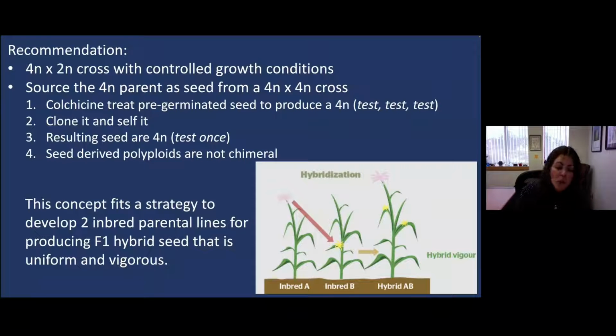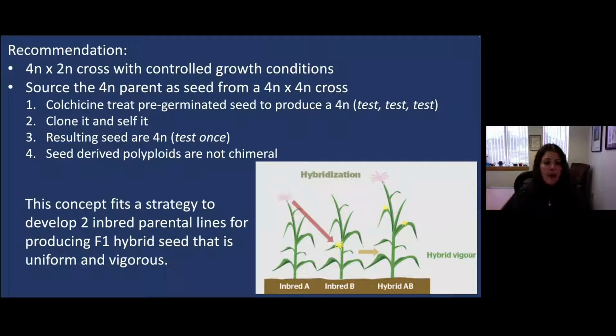So use your colchicine or your rhizoline, make your tetraploids, test it to make sure it's tetraploid, clone it, self it. The resulting seed should be tetraploid, and you only have to test it once. It's not going to be mixoploid from a seed. If it's tetraploid, it's tetraploid. And then use those seed-produced tetraploids as your mother.